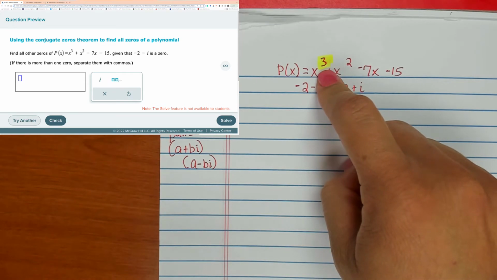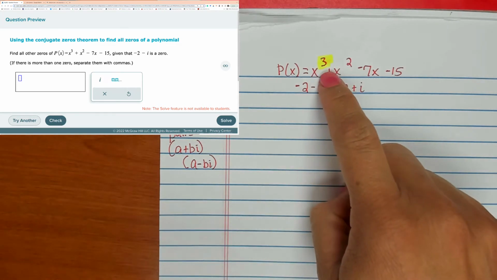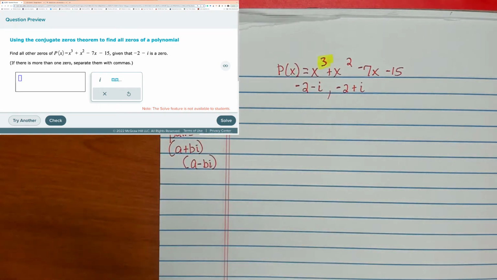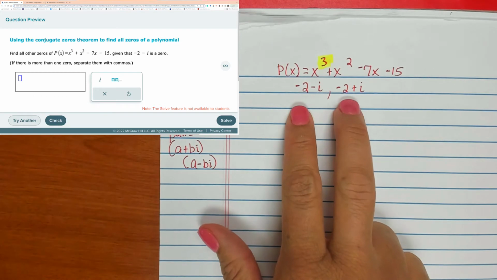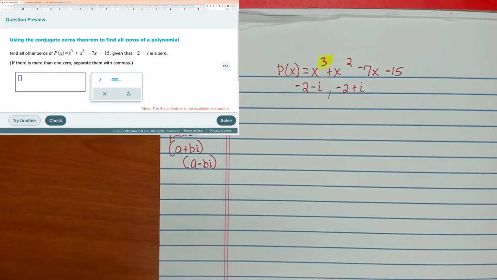When I take my imaginary or complex roots and add those to the number of real roots that I have, in total I'm going to have 3 roots, or in this case zeros. I should use the correct term. 3 zeros. Well, I have 2. I need to find one more. I'm missing one. So the question is, how do I find that?